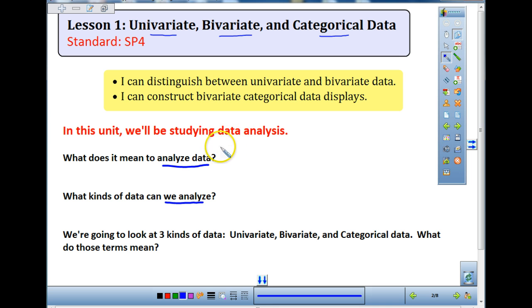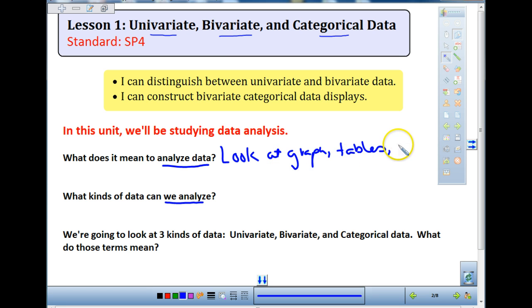When we analyze data, one thing we might be doing is looking at graphs. A lot of times you see graphs in papers, or you might be looking at tables of values. You might be looking at information that you collected, like maybe you had to ask people what their favorite pet was.